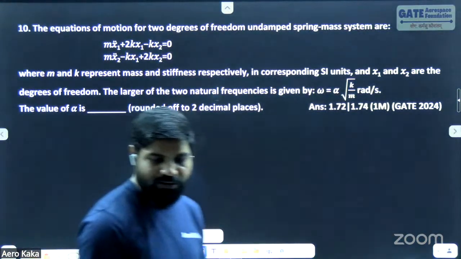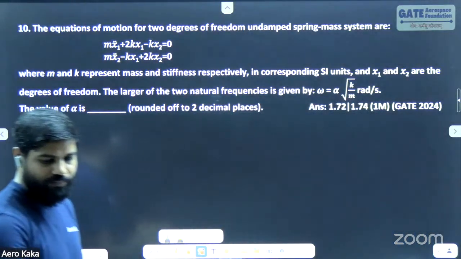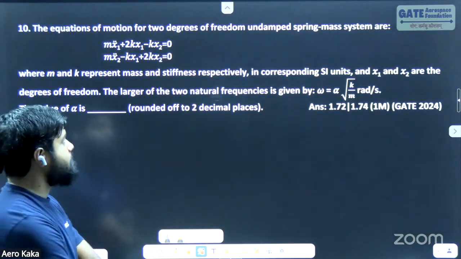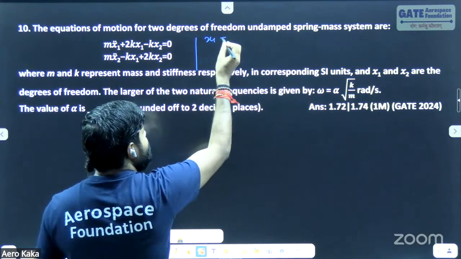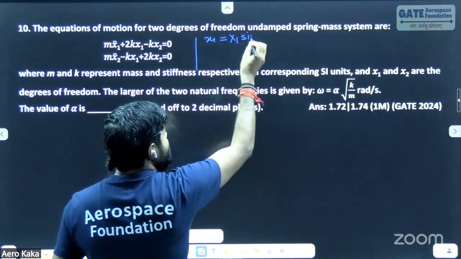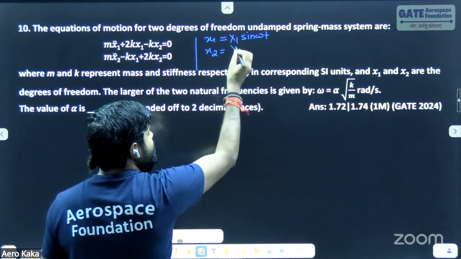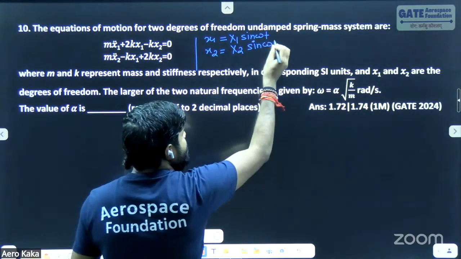Find out this one also. So what do we generally take? We take x1 is equal to capital X1 sin omega t and x2 is equal to capital X2 sin omega t.